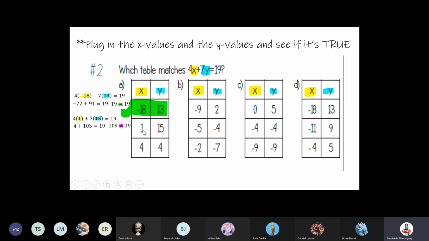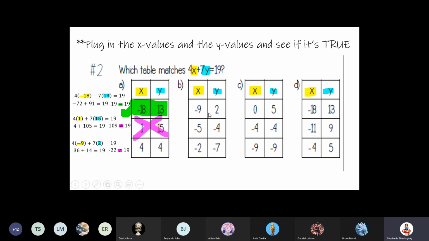When I plug in 1 for my x and 15 for my y, I get 4 plus 105 equals 19. Well, 109 does not equal 19, so that is not true. So I can now cross out table A.